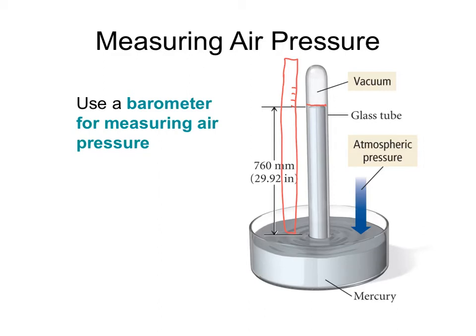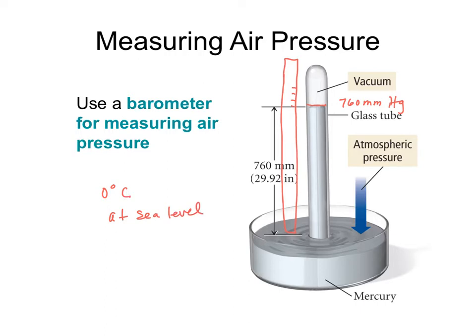And so this height, measured with the meter stick, is going to be 760 millimeters of mercury. And that will be the situation if it is at 0 degrees C, and if your barometer happens to be at sea level.